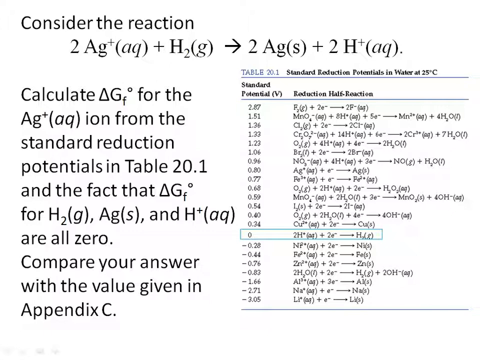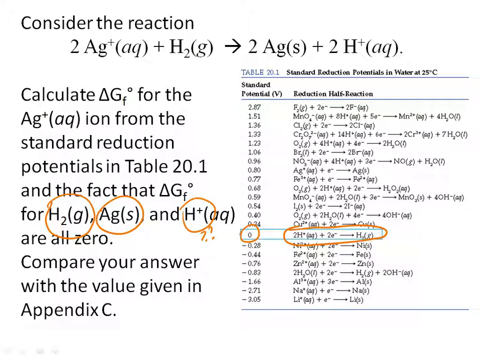And recall that the Gibbs free energy of formation of any element in its standard state is going to be 0. And you might be wondering, why is this one also 0? It's because we define this reaction as having a standard potential of 0.